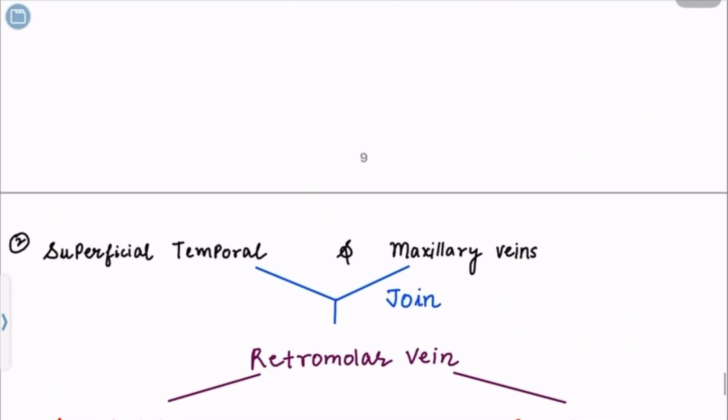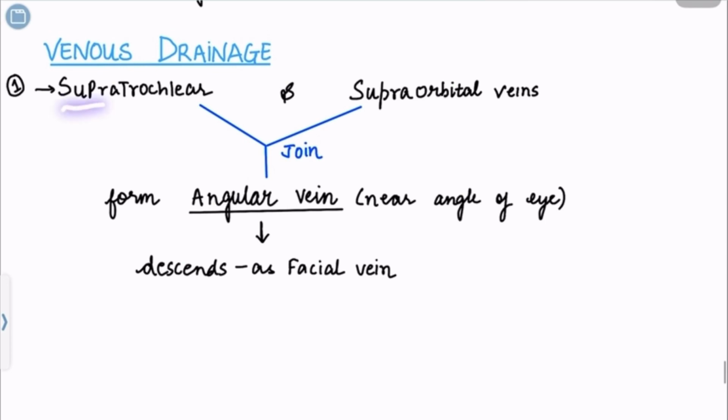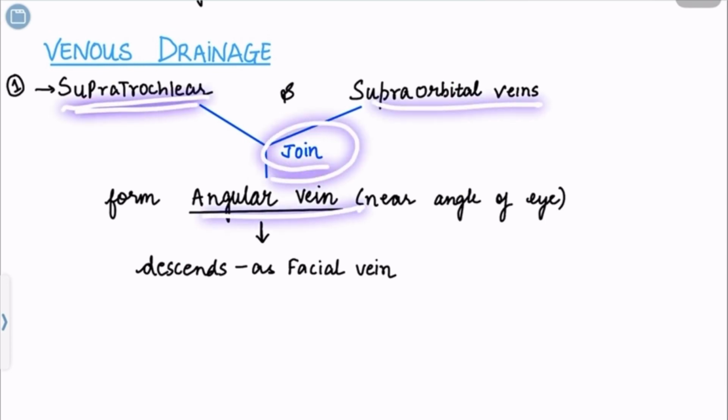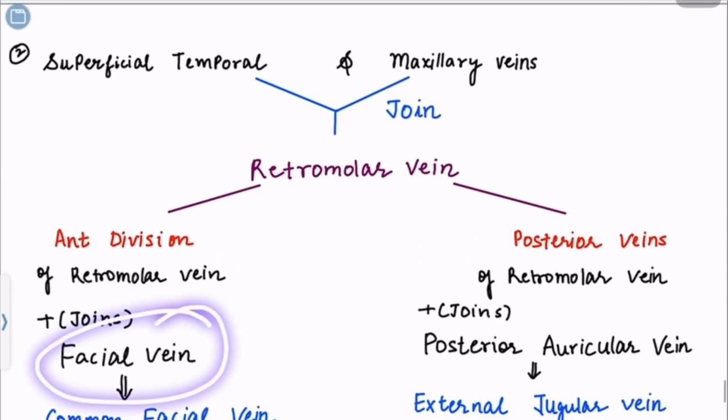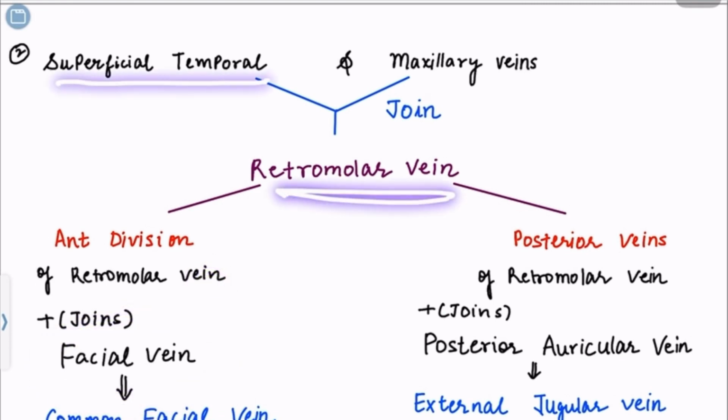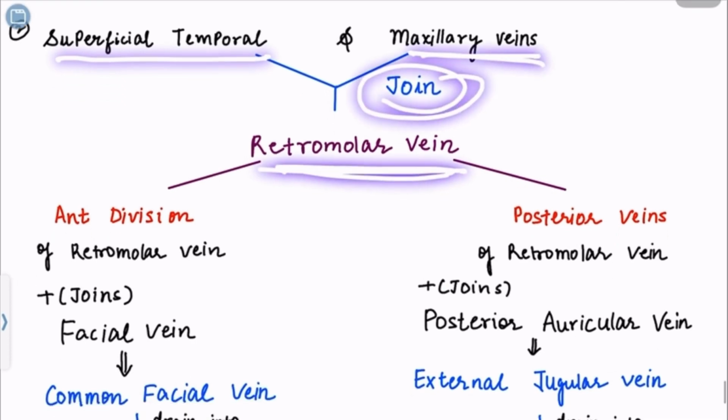So 3 veins which we have to remember. First is the supratrochlear and supraorbital vein. They join to form angular vein, which descends as facial vein. Then this facial vein joins the anterior division of the retromolar vein. So how is retromolar vein formed? The superficial temporal vein and maxillary vein join to form the retromolar vein.